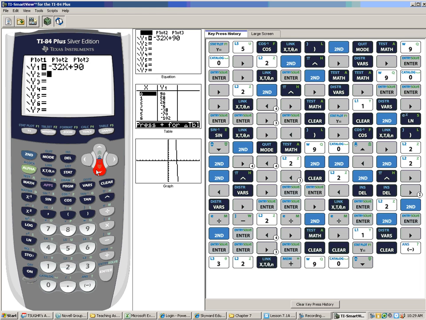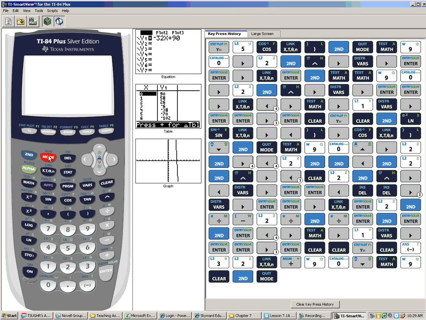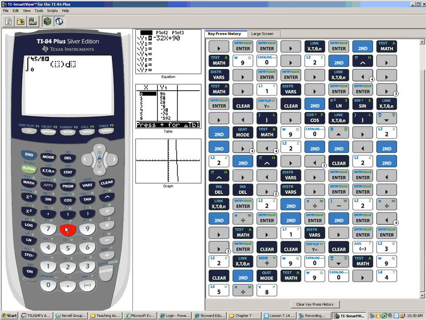The key is, when we do this, we're going to go math 9 for FNINT. We're going to go from 0 to 45/8. But we have to take the absolute value of this.